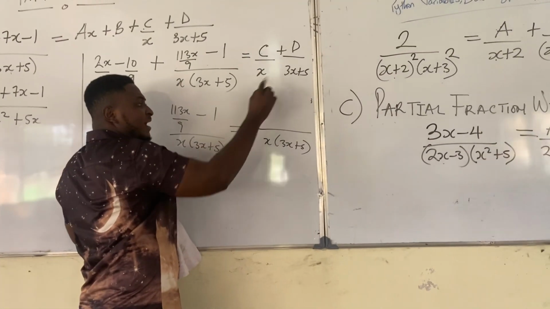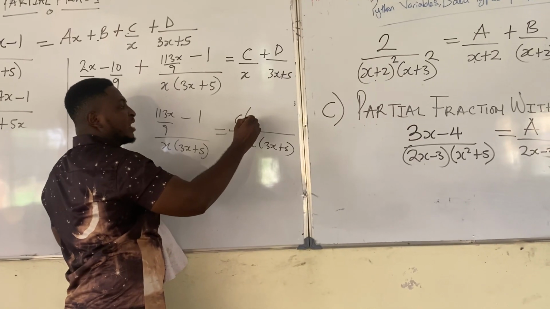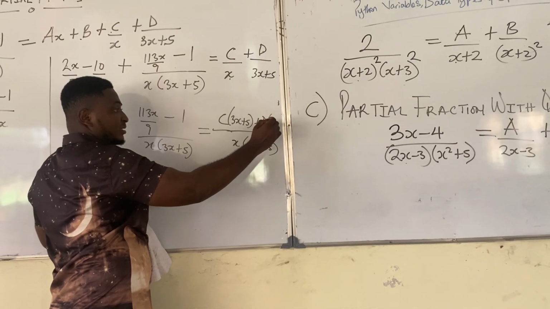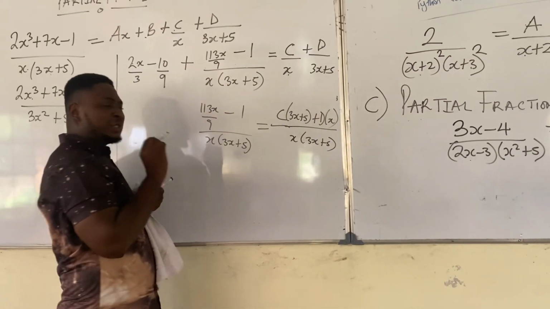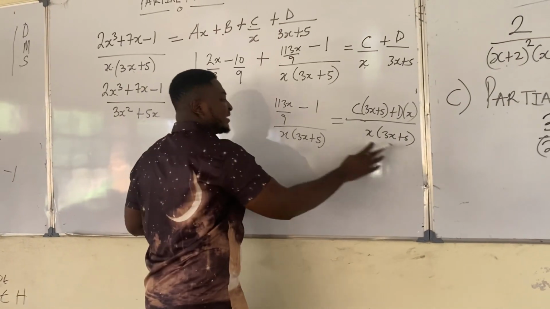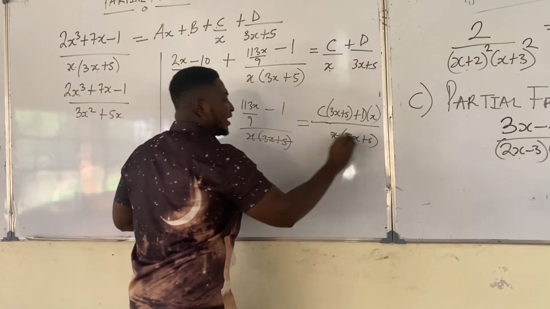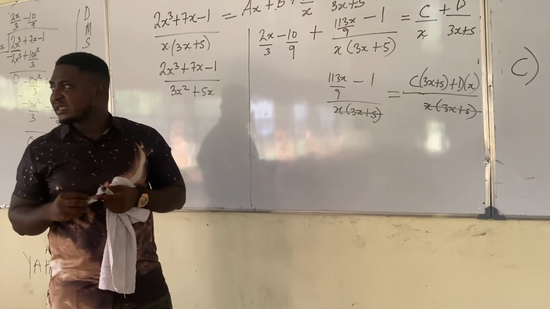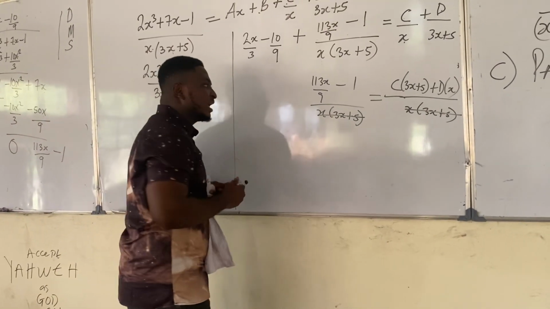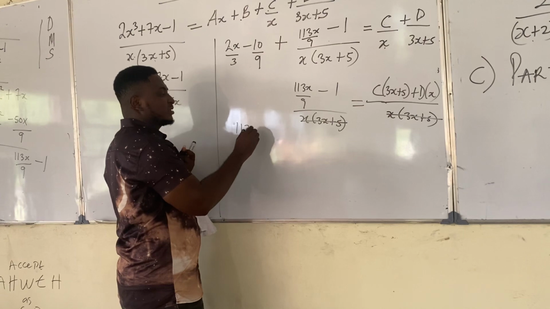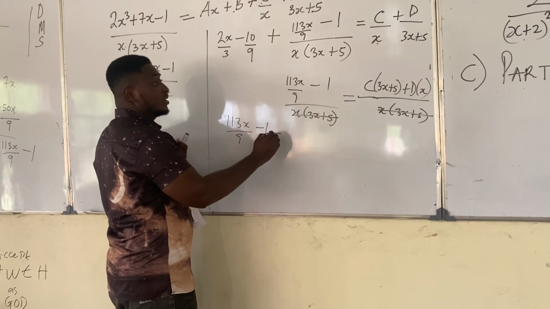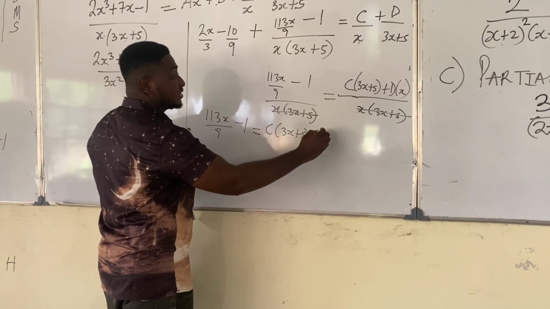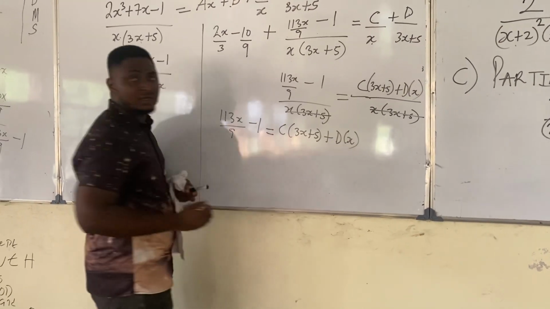You can say cross it, right? This will be C into bracket 3x plus 5 plus D into bracket x. Now, you know you are doing something right if your left hand side and right hand side have the same denominators. They cancel out, and you're now left with 113x over 9 minus 1 equals C into bracket 3x plus 5 plus D into bracket x.